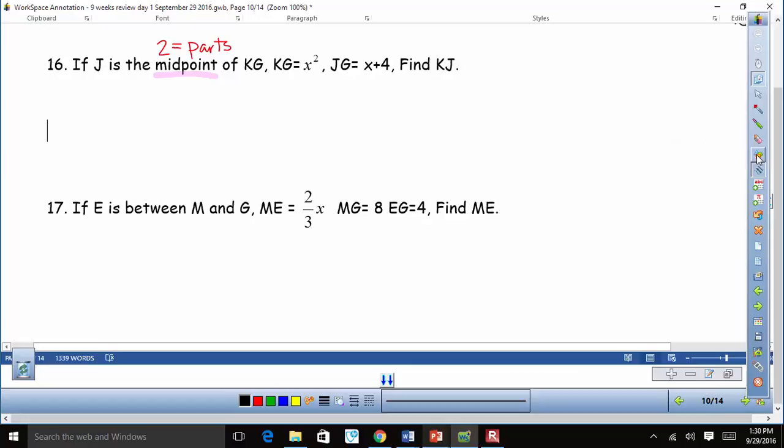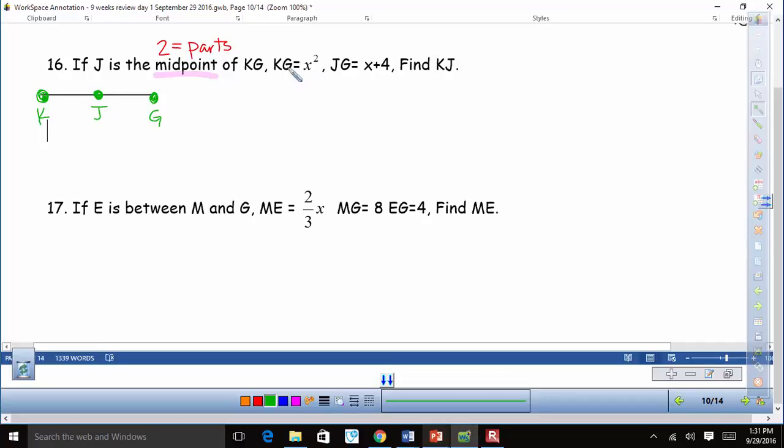Now, you may have not believed me before on your test, but it is very, very important that you draw your line. So the first thing that I want to do is draw my line, and I'm going to label it so I can see if I'm given parts or wholes. So I have line KG. And J is the midpoint.